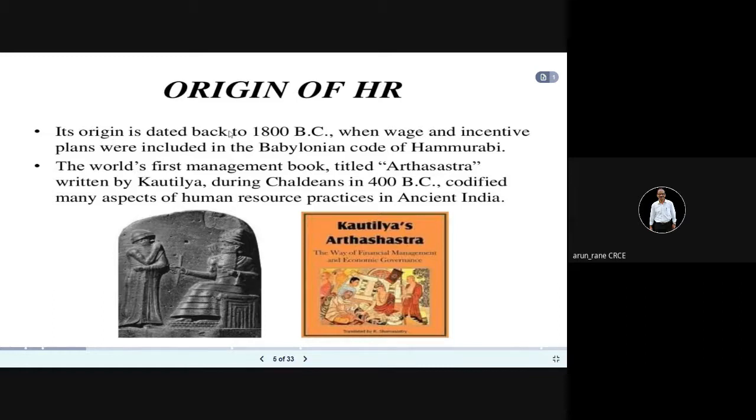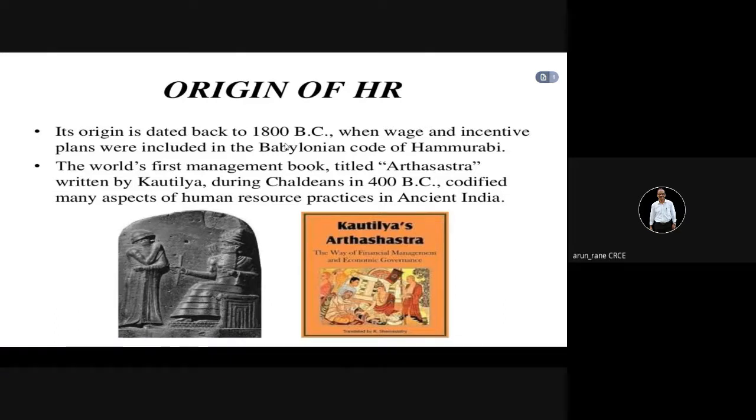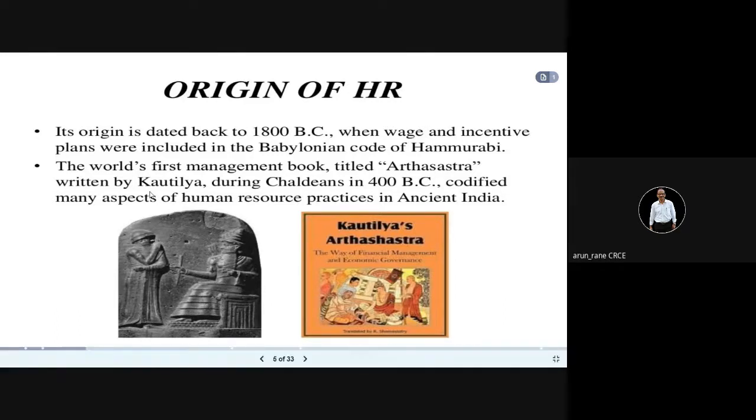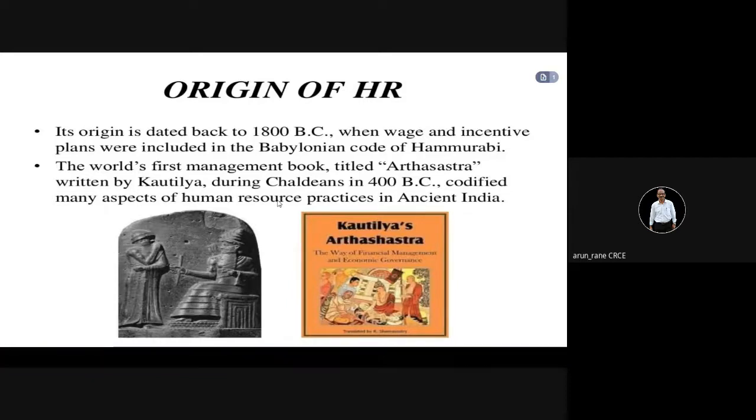So its origin dates back to 1800 before Christ, when wage and incentive plans were included in the Babylonian Code of Hammurabi. Arthashastra was written by Kautilya 400 before Christ, and it was very popular also.